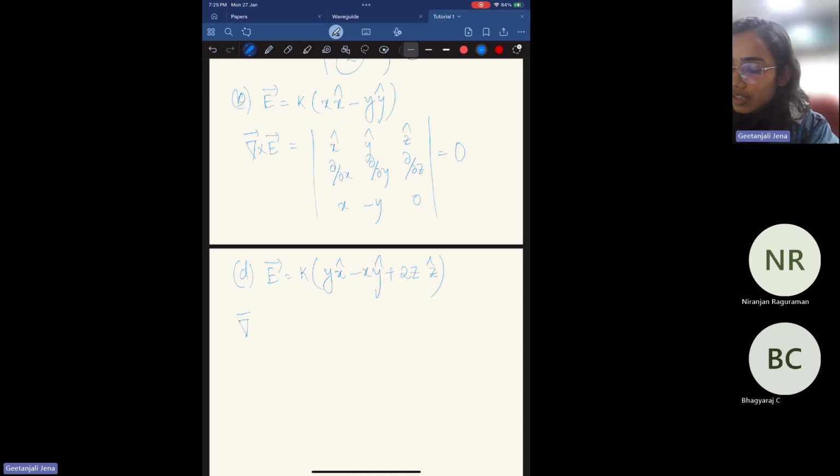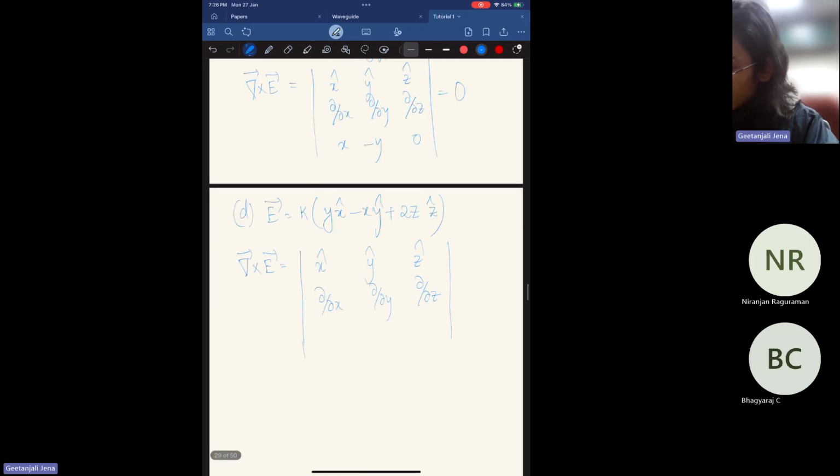If you find out the curl here, it is, sorry, I made a mistake, it is not i cap, j cap, k cap. It is x cap, y cap, and z cap. So this is dou by dou x, dou by dou y, dou by dou z. And Ex is y here, Ey is minus x here, and Ez is 2z here.